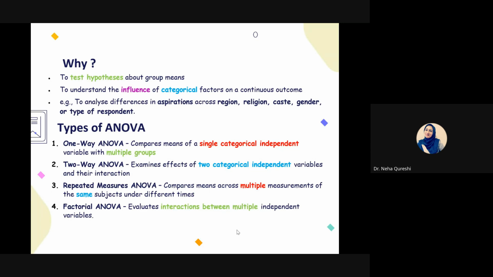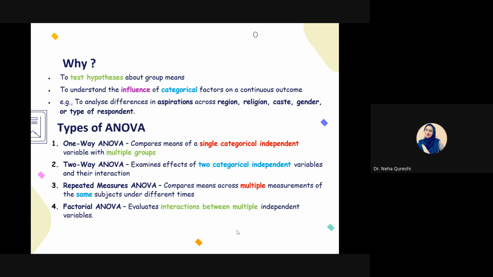Say, for example, we want to check the differences in youth aspirations across regions, religion, caste, gender, or type of respondents. So how these categories, that is region, religion, caste, gender, affect the youth aspirations. This is also a perfect example of doing ANOVA.